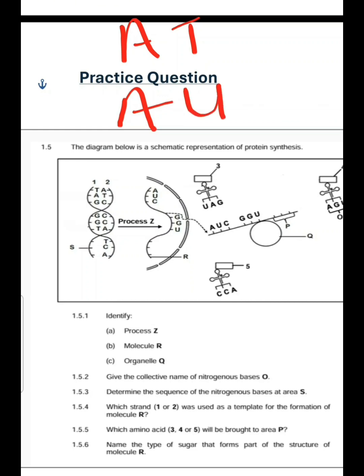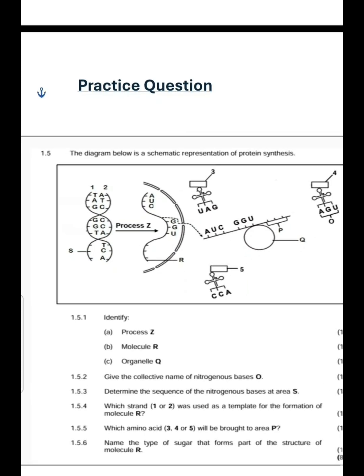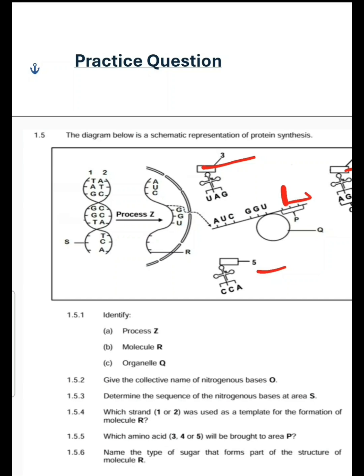Then which amino acid, 3, 4 or 5, will be brought to area P? Where is area P? Oh, got it. It's here. They are saying between 3, 4 and 5. Answer is 4. Let me explain why it's 4. Here it's uracil. It changed with adenine.